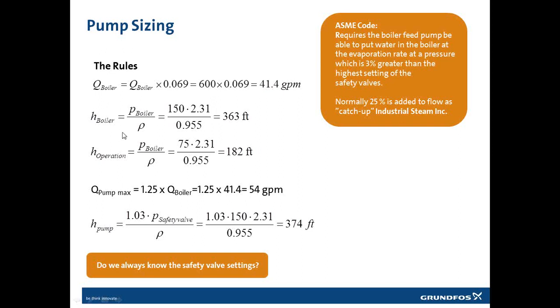Then I have the head of the boiler. I need to recalculate because I have my 150 psi for the boiler, but I can't go into a pump sizing tool with 150 psi. I need to recalculate that to feet of water.